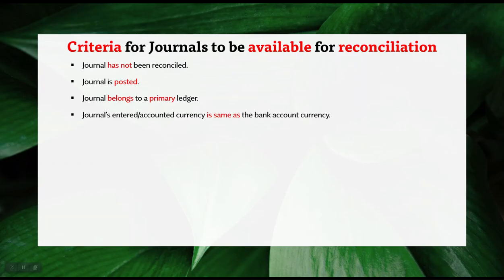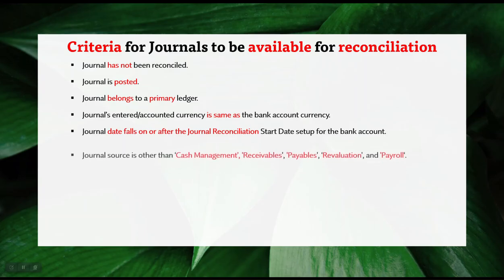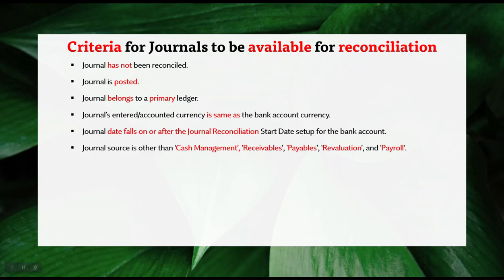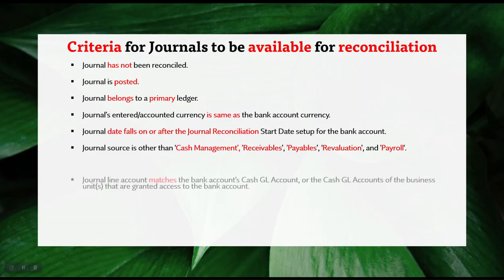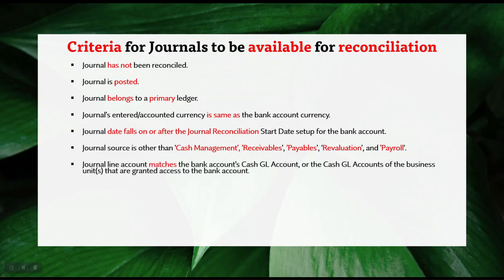If the bank account currency is USD, the journal currency will be USD. Don't make a journal, for example, in euro when the bank account currency is USD. It must be the same. Journal date falls on or after the journal reconciliation start date set up for the bank account. Journal source is other than cash management, receivables, payables, revaluation, and payroll. Journal line account matches the bank account's cash GL account or the cash GL account for the business unit.